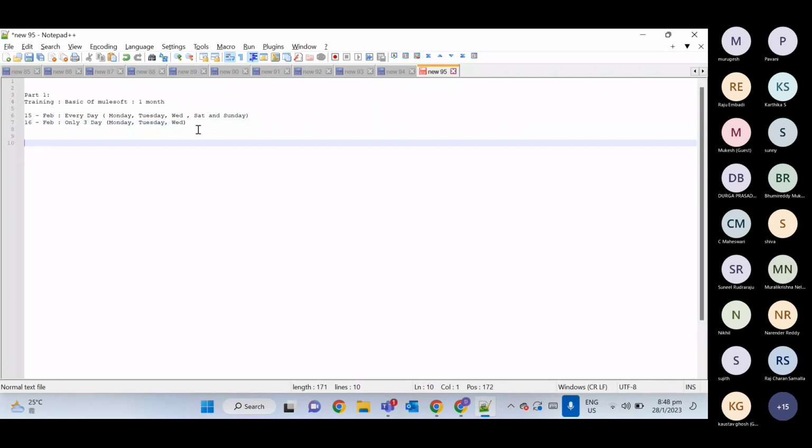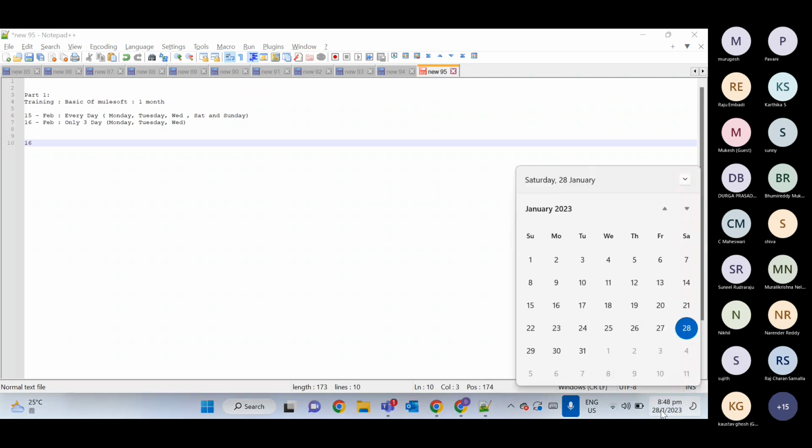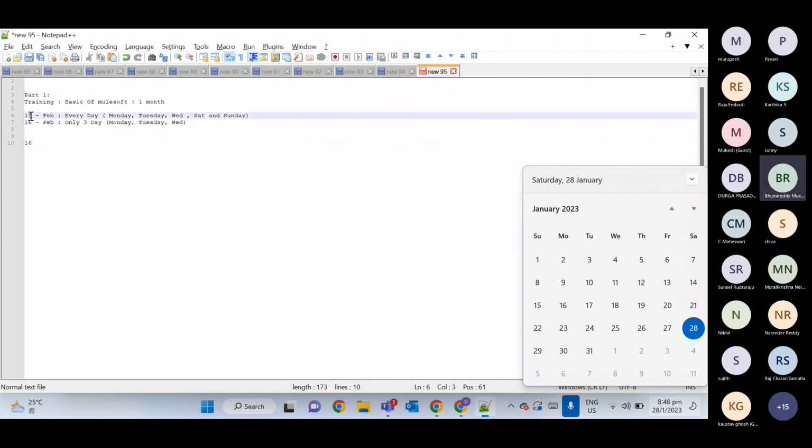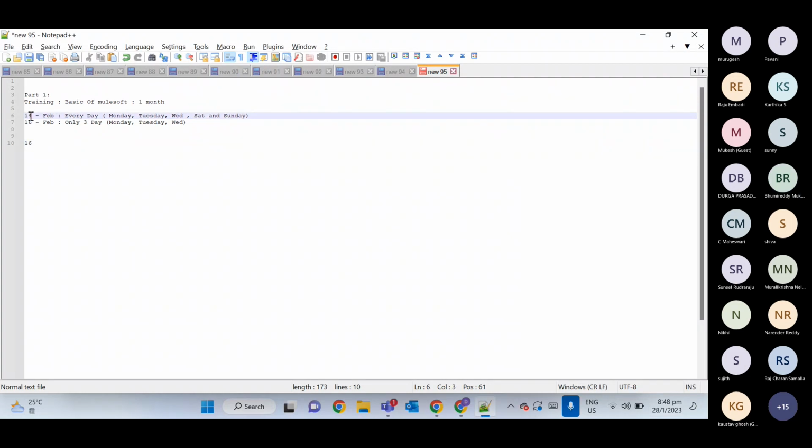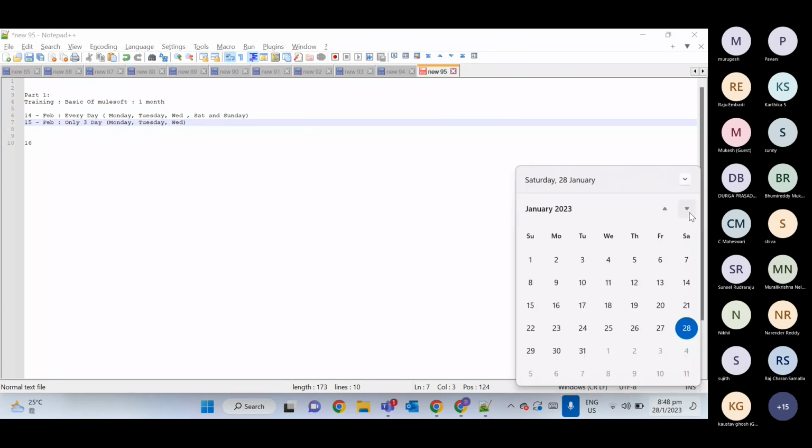Let me see which date the 16th falls on. So I think we can go till the 14th, then 15th.